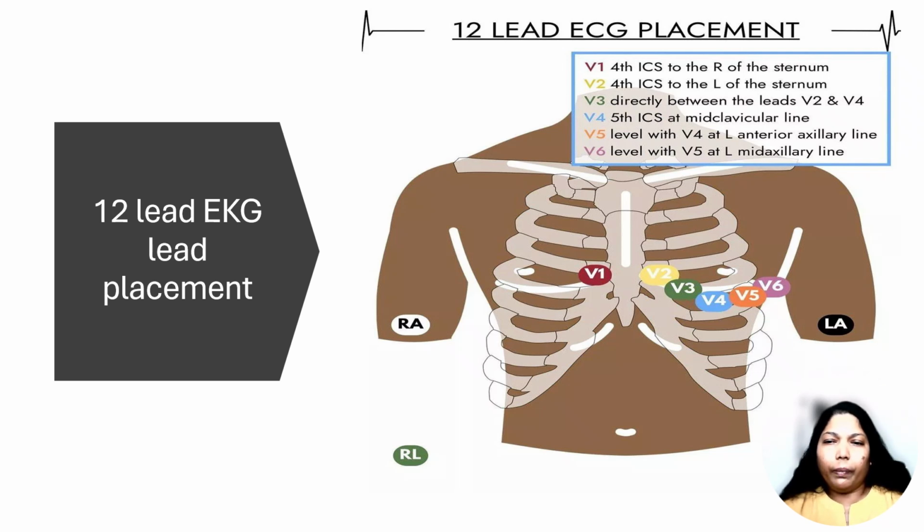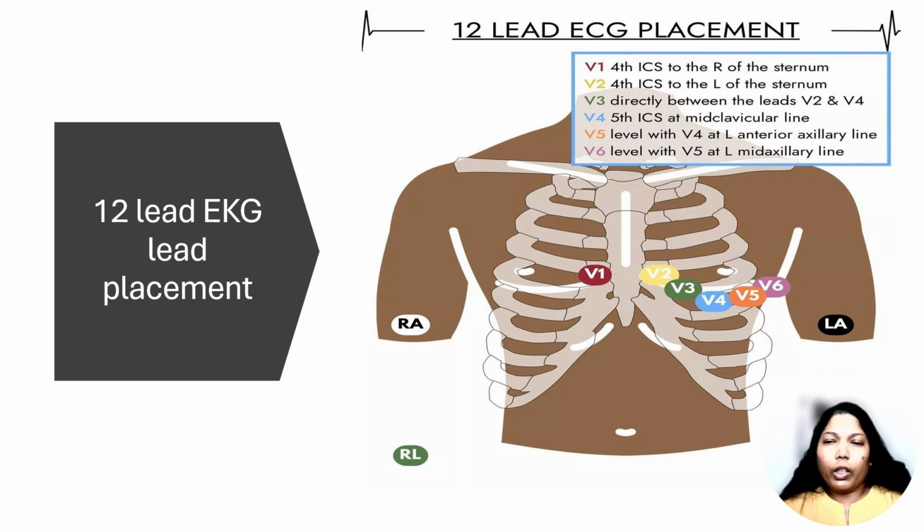Then V3 is between V2 and V4. V4 is placed in the fifth intercostal space at the mid-clavicular line. V4, V5, V6, all these are placed in the fifth intercostal space.